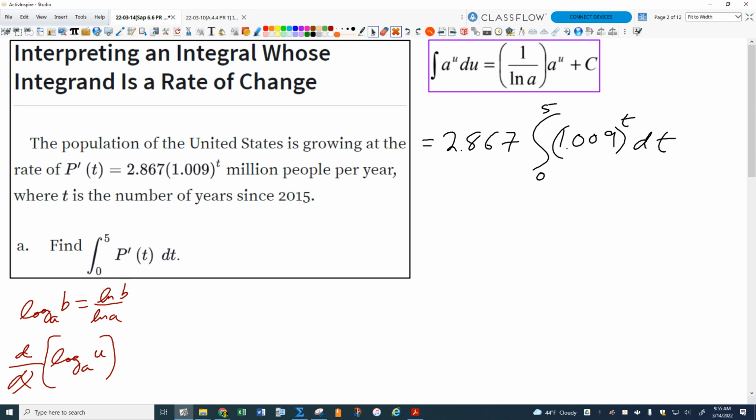Okay, so then what do we get here? So we're just going to get 1 over log of that, right? That's my a. So my final answer is just going to be 2.867 divided by natural log of that number times a to the u, plus c.